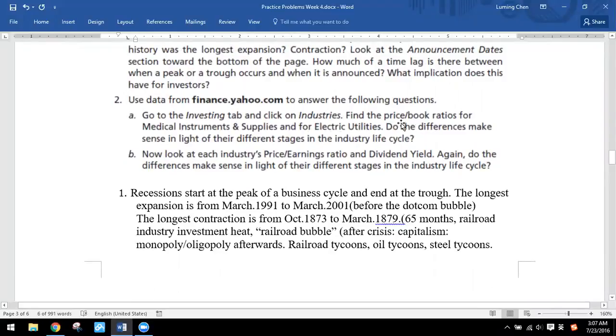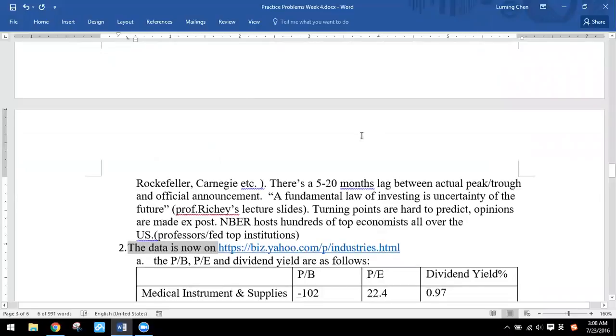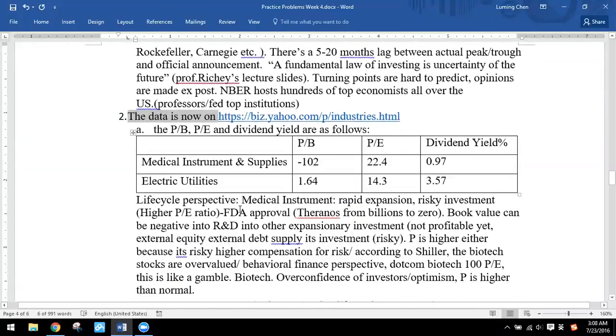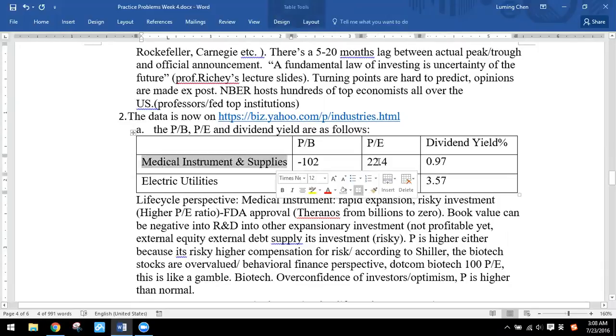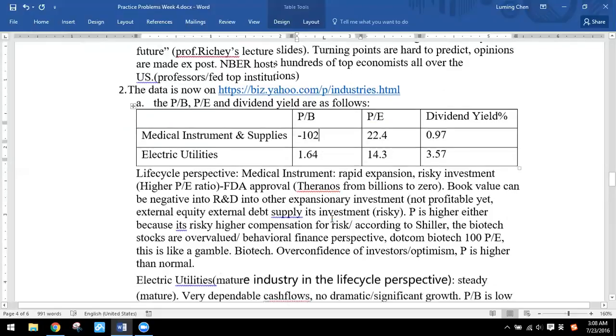Does the difference in PB ratio make sense in light of their different stages in the industry life cycle? Yes, it makes sense. So why does the medical instruments and supplies industry have a negative PB ratio? We know that price cannot be negative, so the book value is negative. Why is the book value negative?